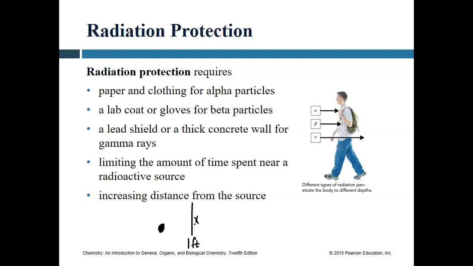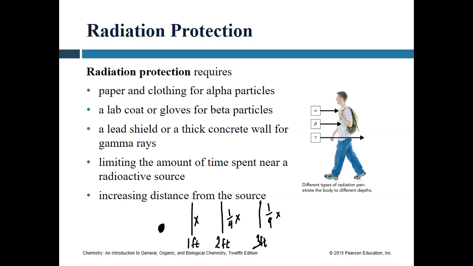We'll call that X. At 2 feet away, we've put twice the distance, but the amount of radiation we actually feel is a quarter of what it was one step closer. And at 3 feet, it would be 1/9, and so on and so on.